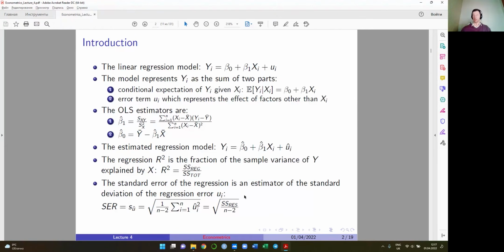If we are calculating the usual sample variance, we decrease n by 1, because the usual sample variance depends only on x bar, only on one estimate. But here it depends on two estimates, beta 0 and beta 1. Therefore, we decrease the number of degrees of freedom by 2 here. Also, this sum is called the residual sum of squares. So this is what we know at the moment.